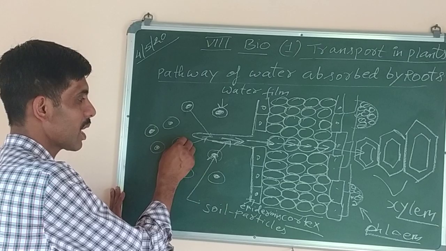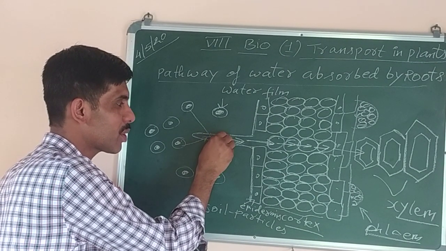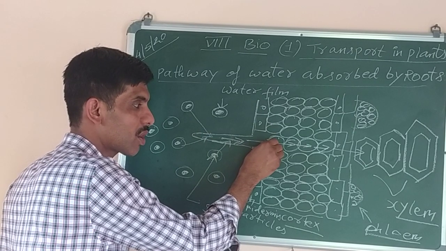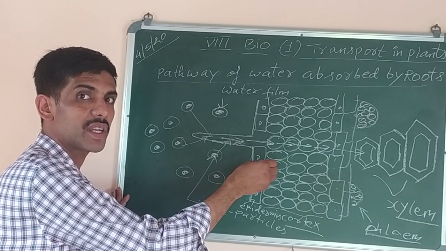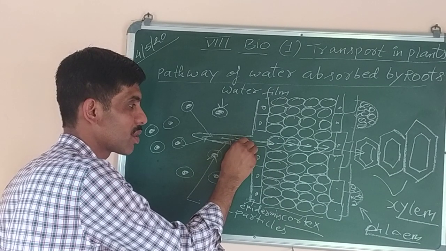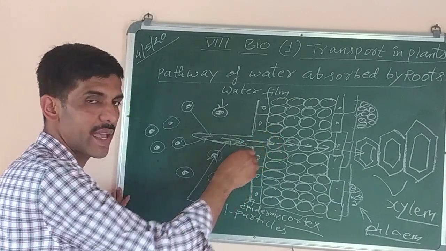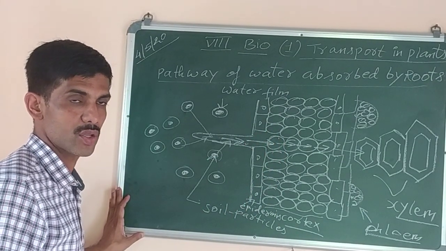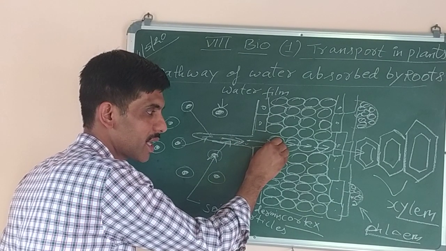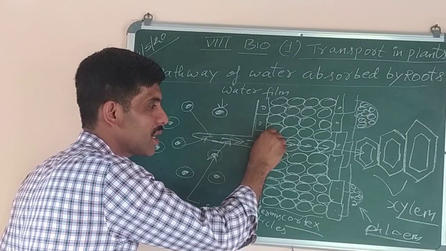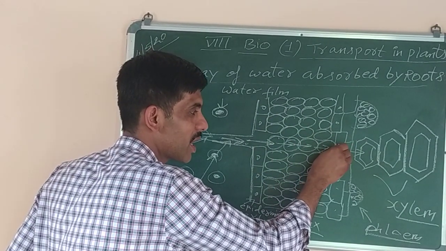So now water molecules have moved from the soil into the root hair cell, and similarly from the root hair cell it enters into the cortical cells because of the difference in concentration gradient, because now this root hair cell has higher concentration of water and the cortical cell has lower concentration of water. So water molecules will move from the root hair cell to the cortical cell, and from one cortical cell to the next cortical cell it will keep on moving, and finally it will reach the endodermal cells.